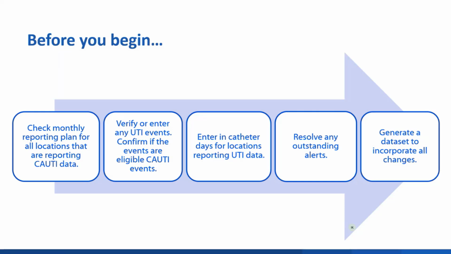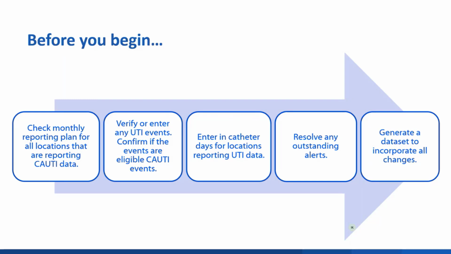So there are some preliminary steps to take before you run your SIR reports. First, you must check your monthly reporting plan for all locations that are reporting CAUTI data to ensure that they're included appropriately in the calculation of your SIR for that location. Second, you have to verify or enter any UTI events for your numerator data.